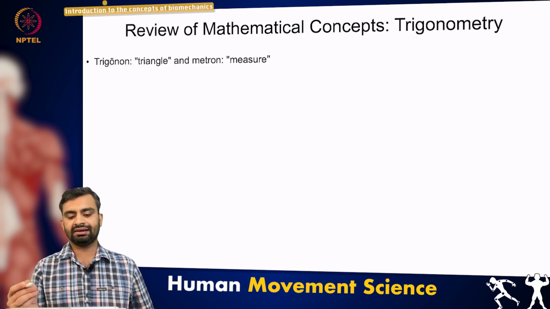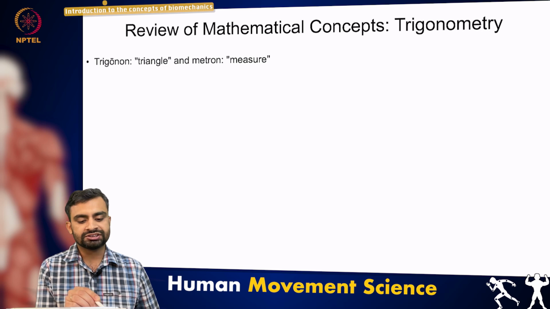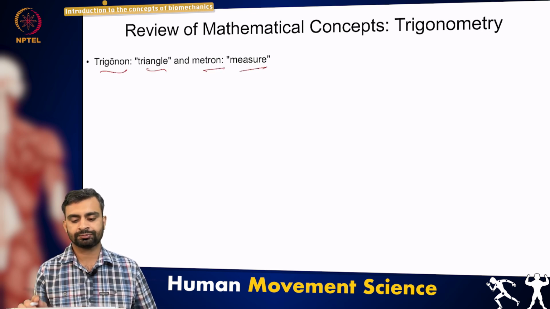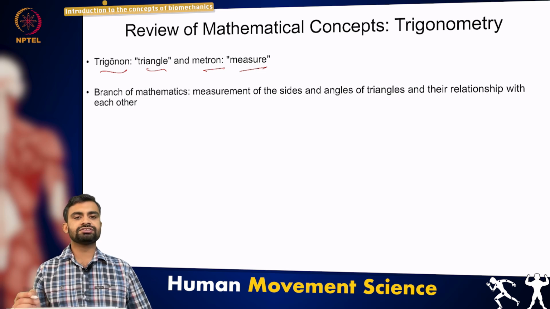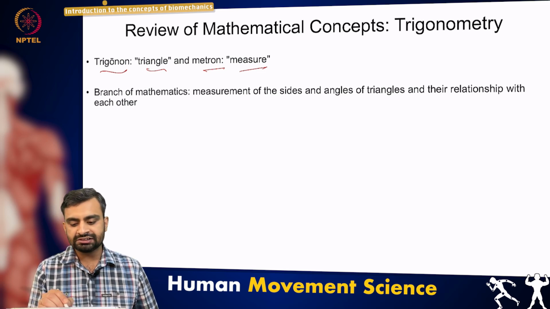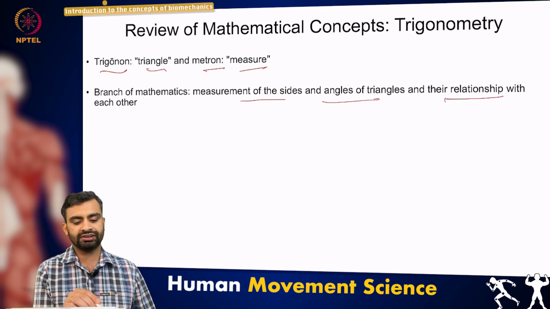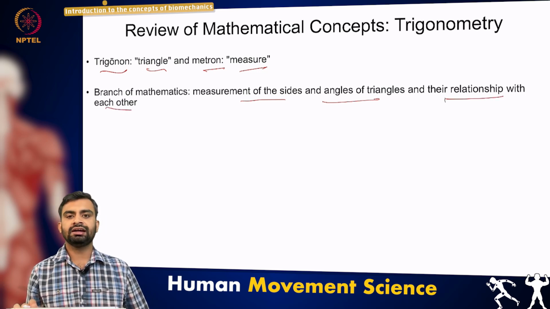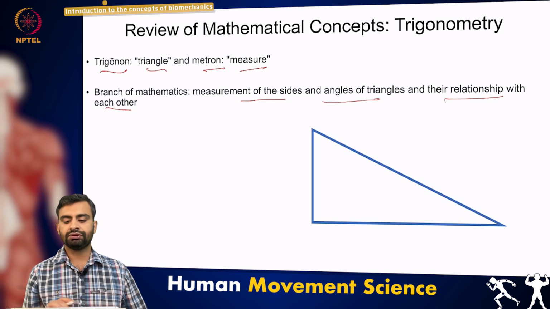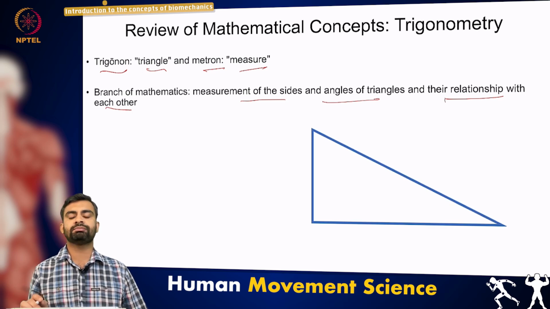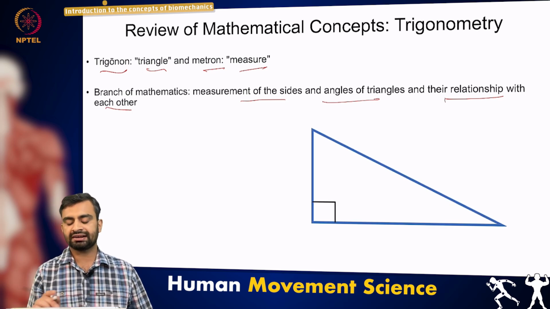Trigonometry is made up of two words: trigon, which means triangle, and metron, which means measure. It is a branch of mathematics which deals with the measurement of the sides and angles of triangles and their relationship with each other. In this particular course, we are more interested in a specific type of triangle known as the right angle triangle.